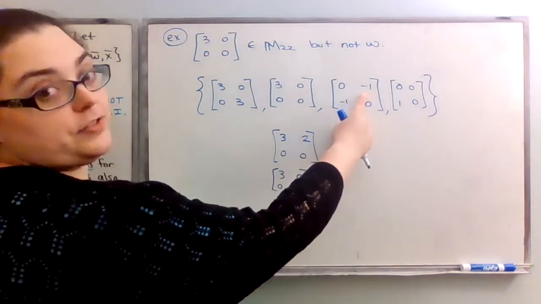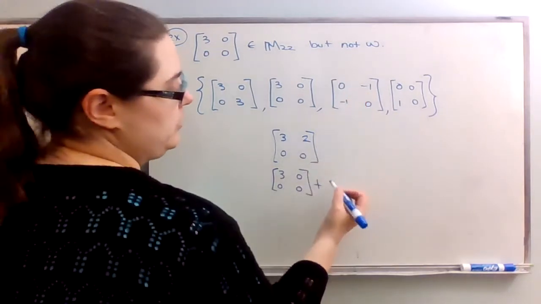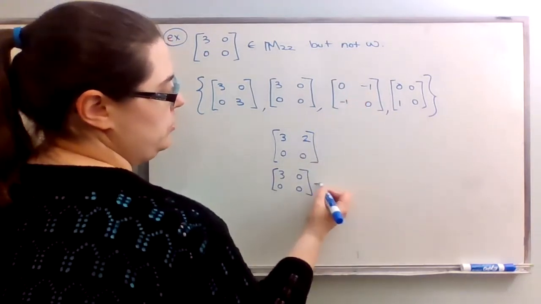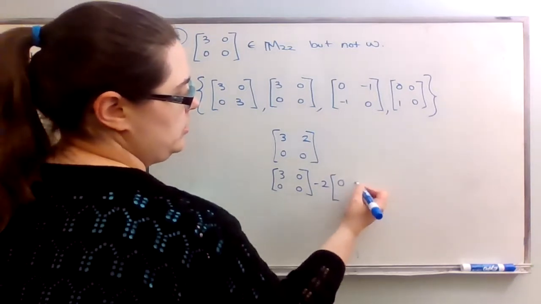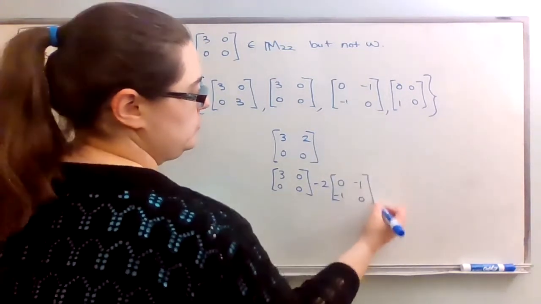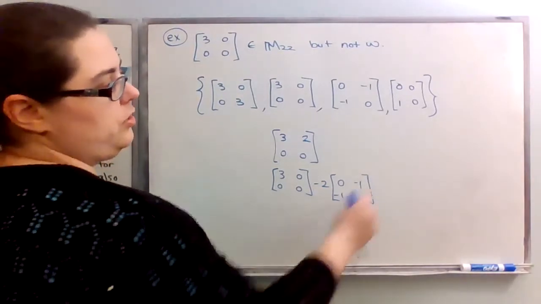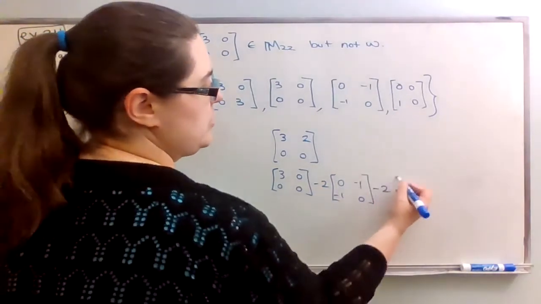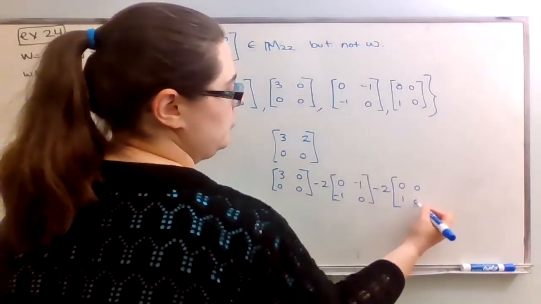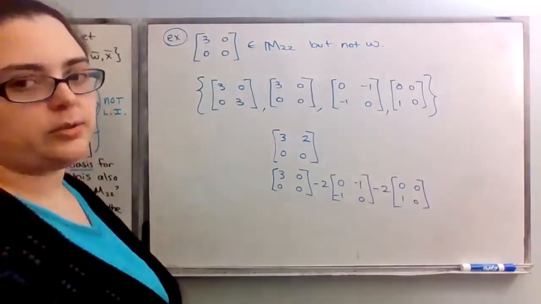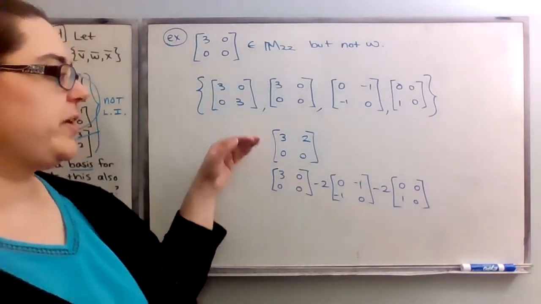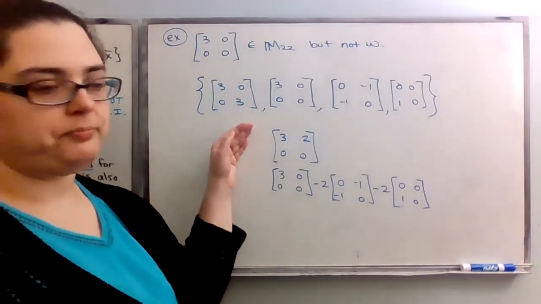So I'm going to need -2 of these to get that 2 in the top right. So we'll do -2. But that's also going to give me a +2 down here. So I'm going to subtract 2 of these to counteract that. And there we go. This way we'll be able to get this matrix 3, 2, 0, 0.